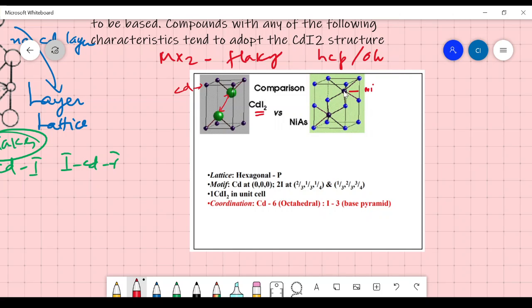Look at this. It is occupied by 1, 2, 3, 4, 5, and 6, which is an octahedra. But here, these iodine layers are occupied in a structure where iodine is taking an octahedral structure like this.